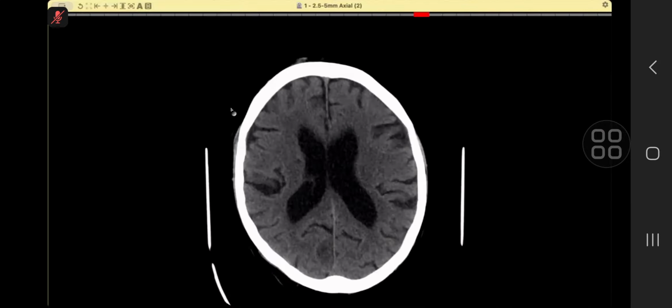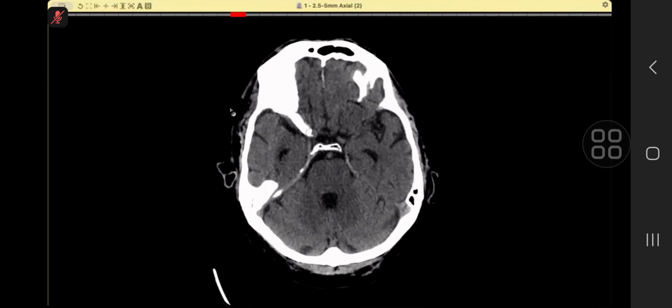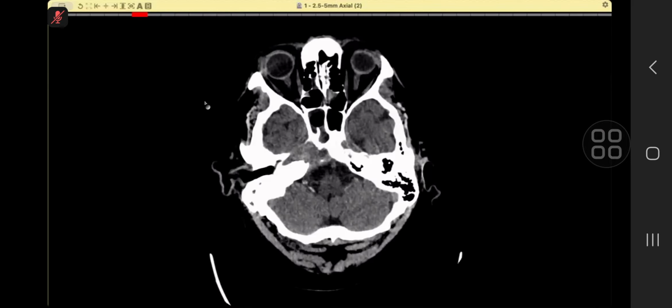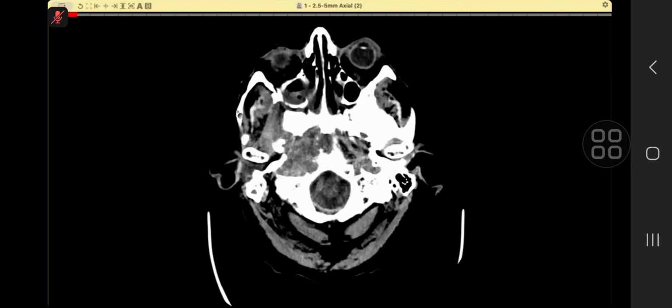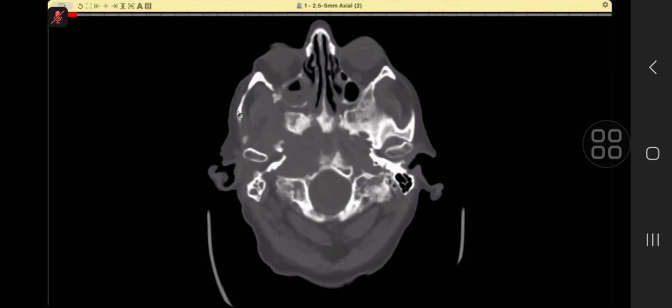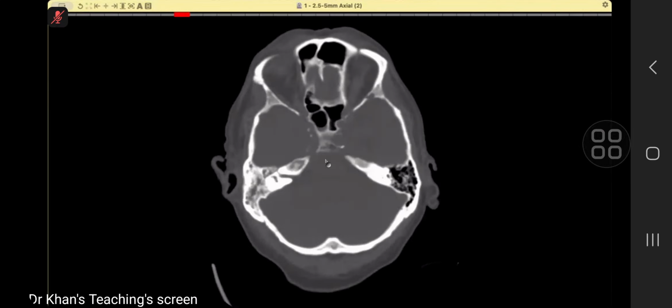But on brain, the rest of the changes were chronic changes. As soon as you see it and go for a bone window, try to compare right and left. The symmetry is your savior.